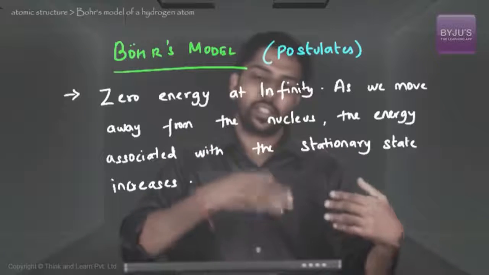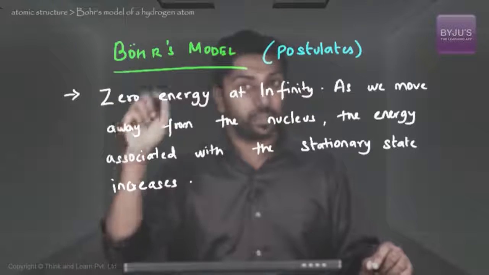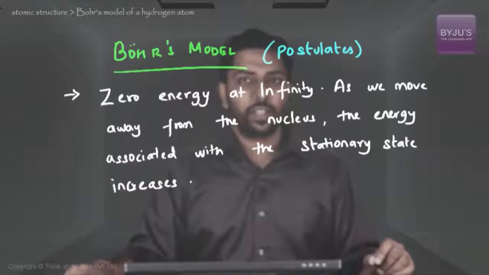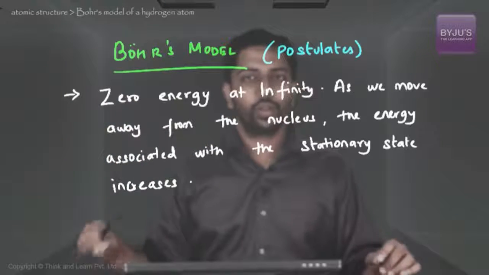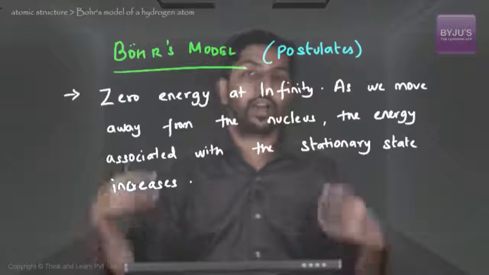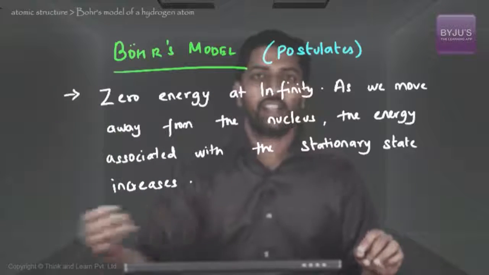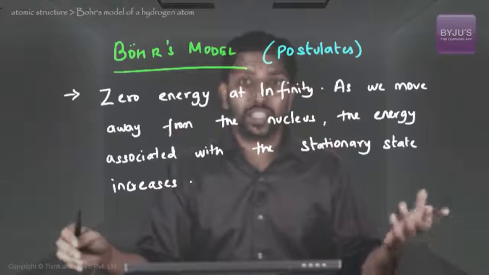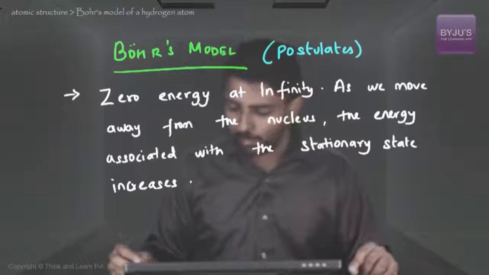So as the radius keeps increasing, the energy of that particular stationary state 1, 2, 3 and so on increases. The farthest energy state will have the highest energy, but highest energy is zero. So everything else is going to be lesser than that. Is it not? That is a very important concept to grasp.